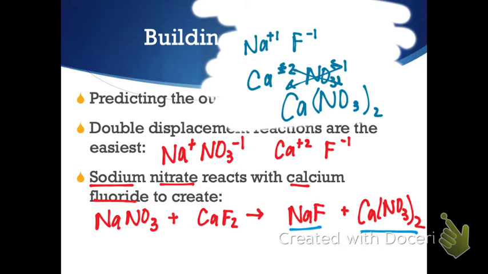When we build our formulas, the cation always comes first. Yeah, that's a good question. So we wouldn't have it NO3Ca, right? That's not how we would write that formula, because it always goes cation, then anion. But in terms of which actual product we list first, that makes no difference at all. It doesn't matter if we put calcium nitrate first or sodium fluoride first.